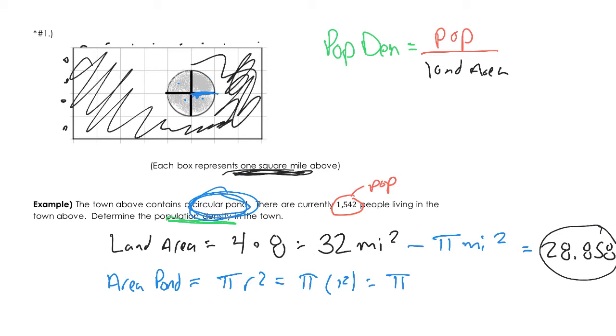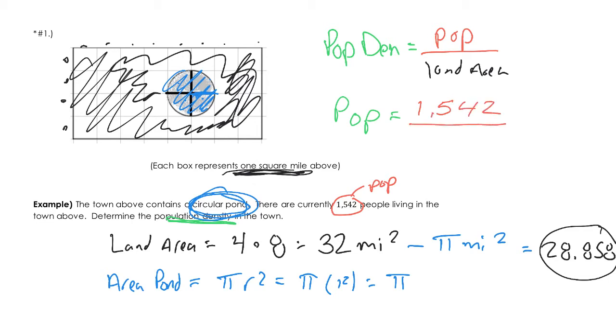So that's that rectangle minus the area of the pond, which was 1 pi. So now we could calculate the population density. So we do 1,542 people divided by 28.858 miles squared.